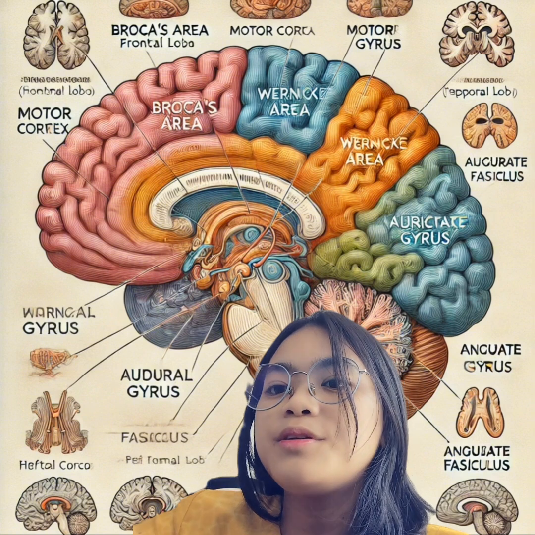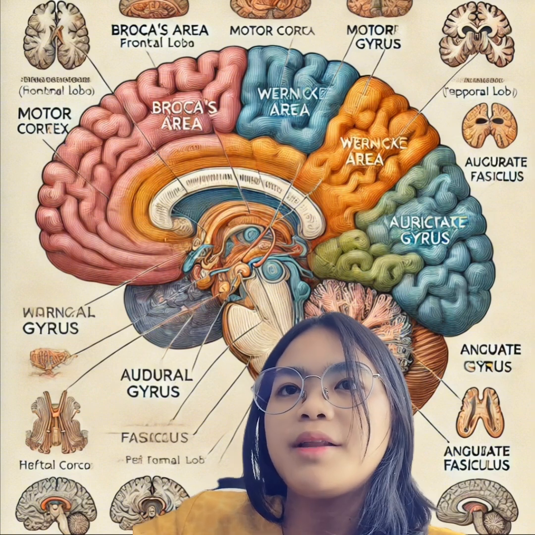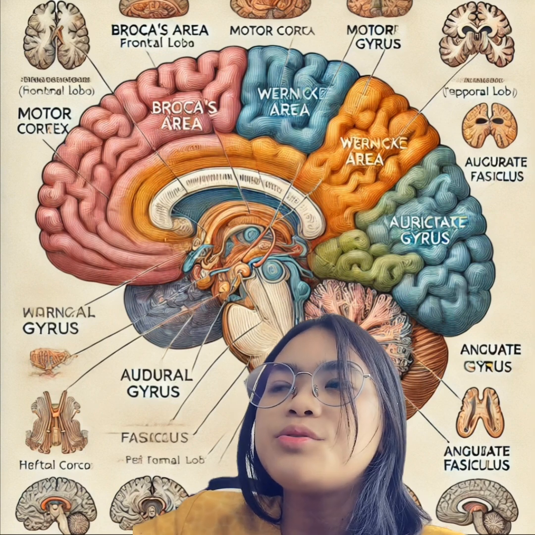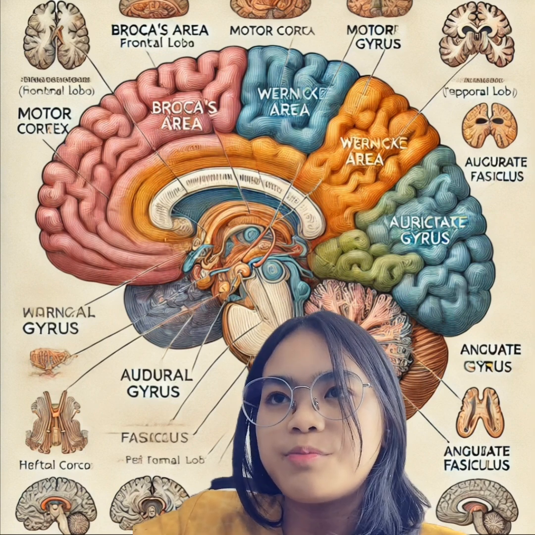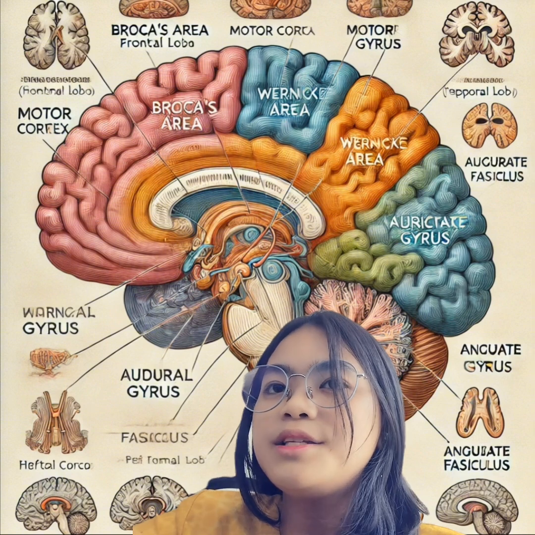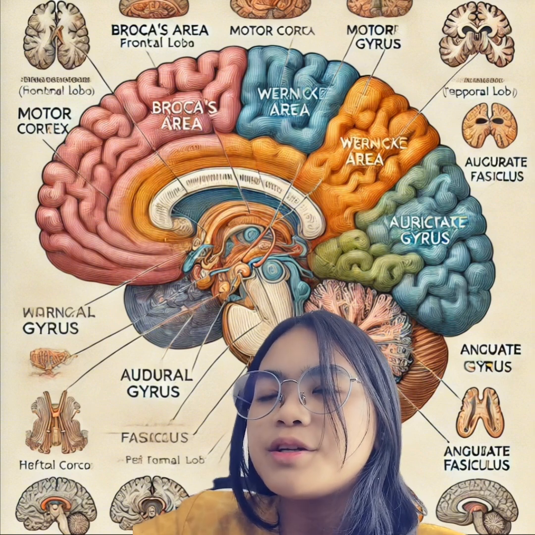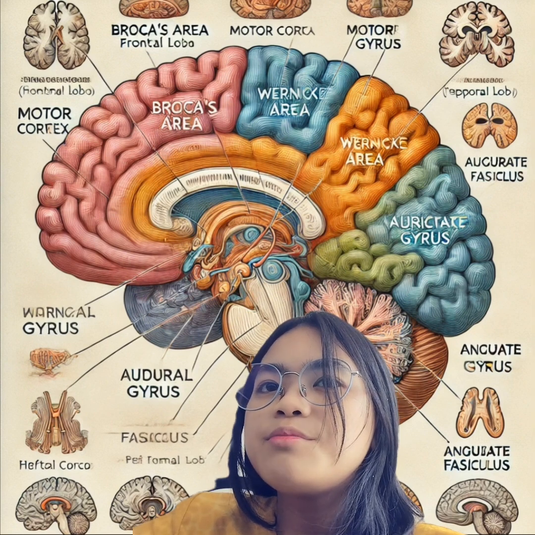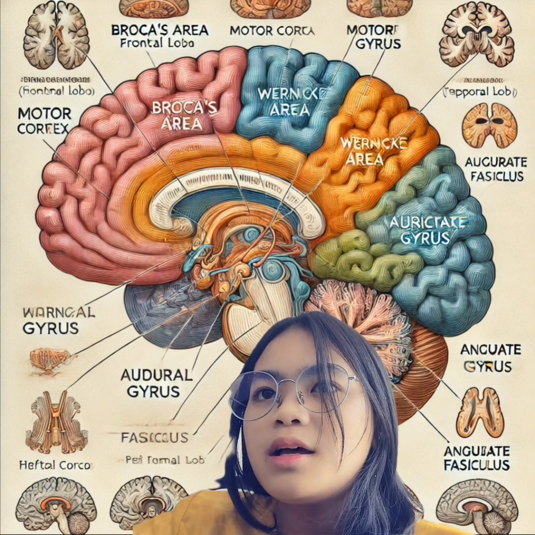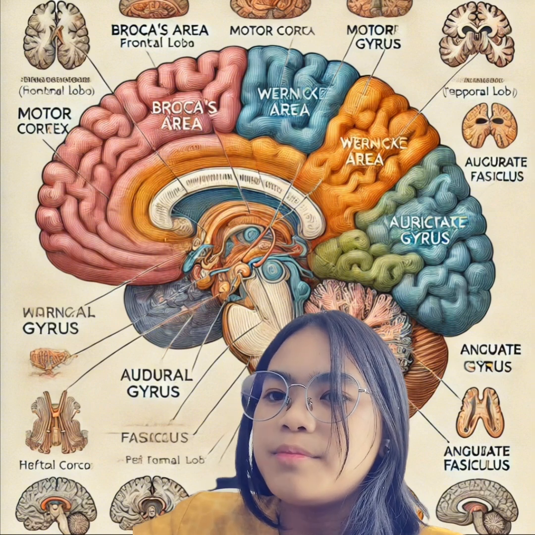So, brain and speech functions. Speech and language are complex processes controlled by multiple regions of the brain. When we speak, listen, and write, different brain areas work together to process the information, form words, and produce meaningful communication.